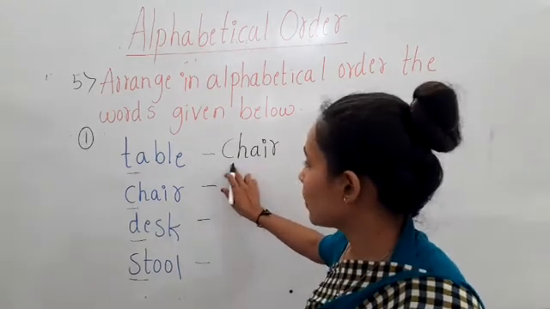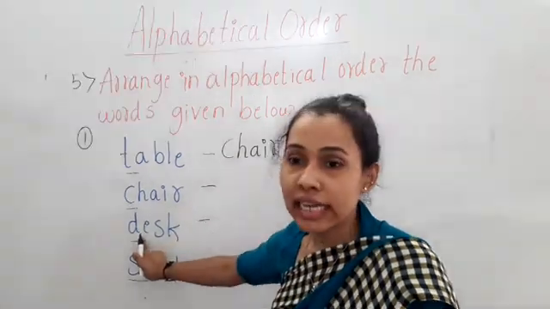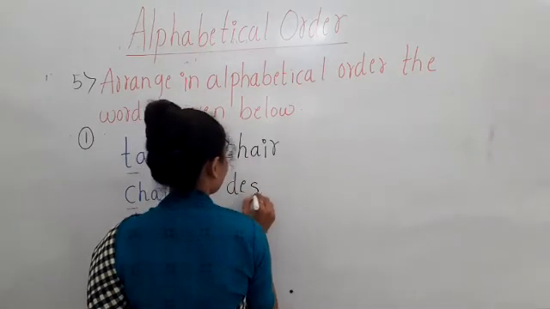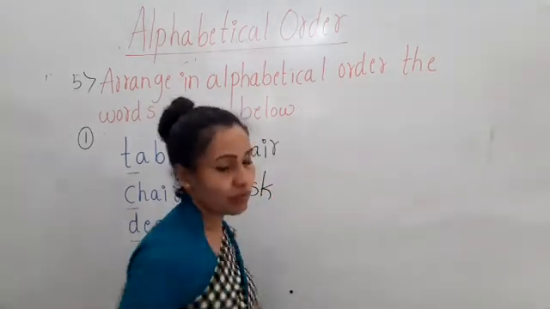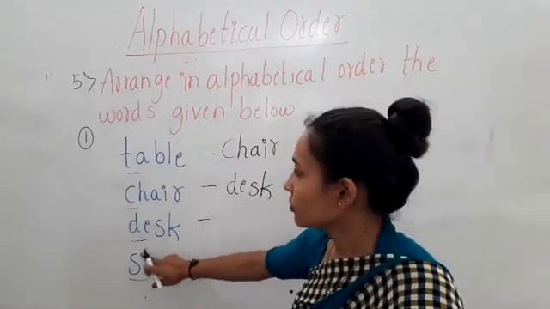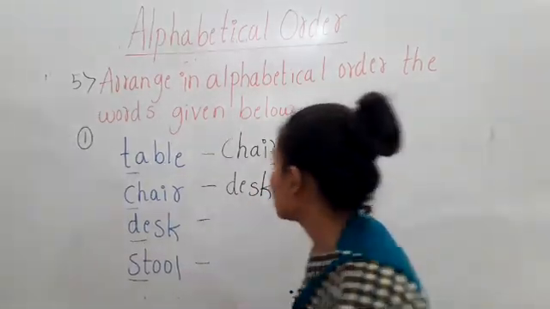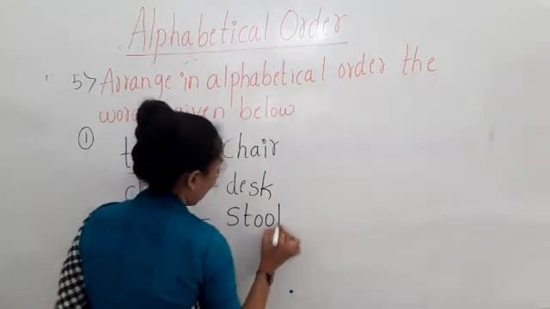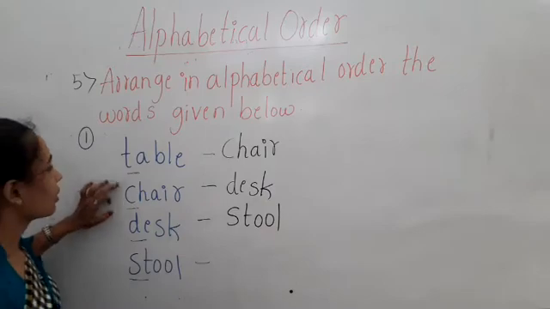Then after C, which letter comes, children? D. So what we have to write here? Desk. After D, which letter comes, children? Yes. So we have to write here stool. After S, which letter comes?